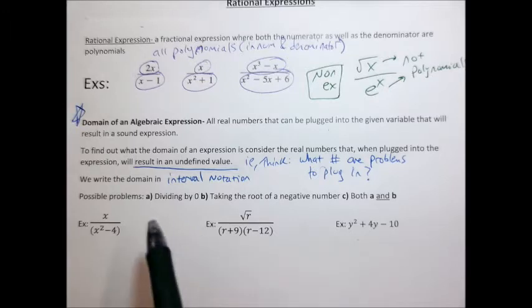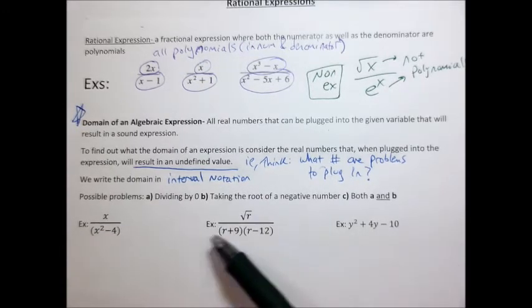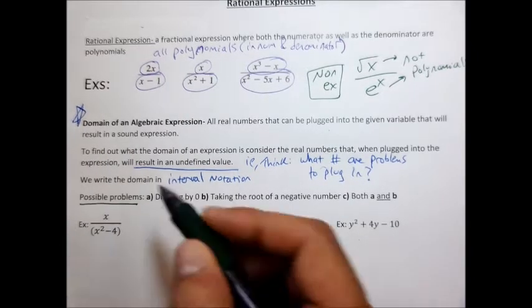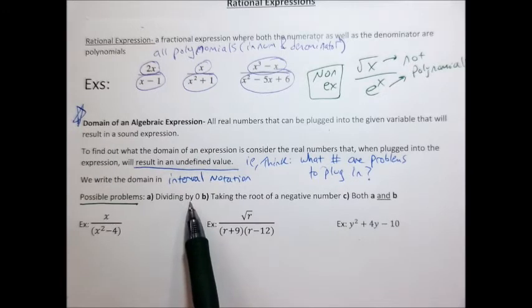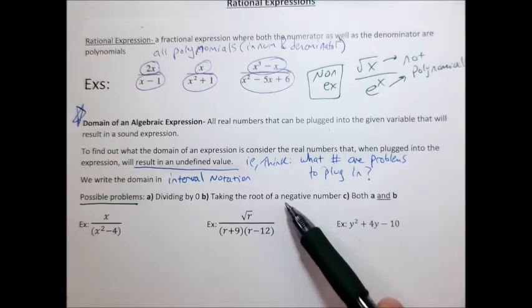Okay. So we're going to find the domain of all these things right here. And when you're thinking about what you can't plug in, there's only ever 2 problems. The possible problems are you might divide by 0, and we don't want to do that. And you might take the square root of a negative number, or an even root of a negative number, I mean.